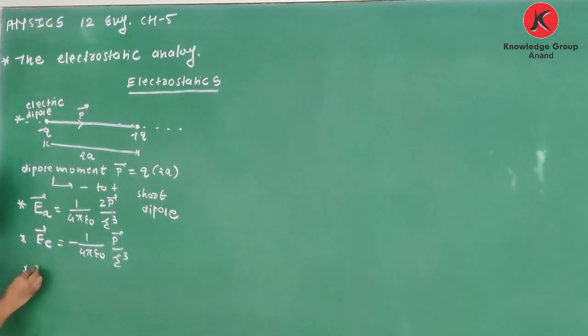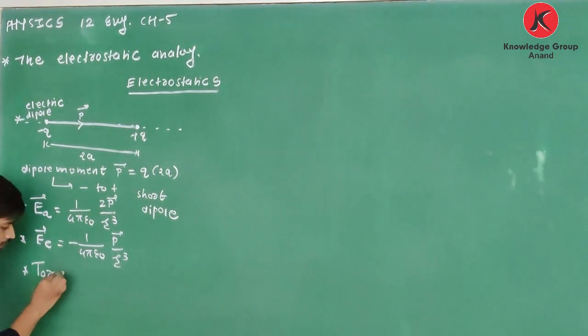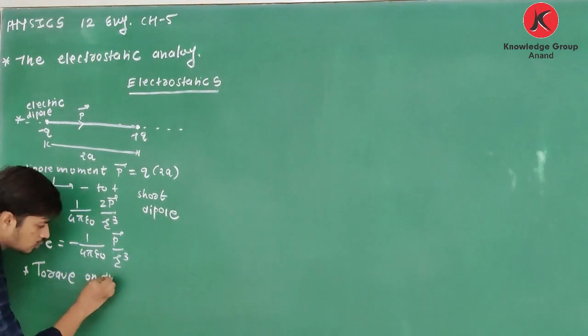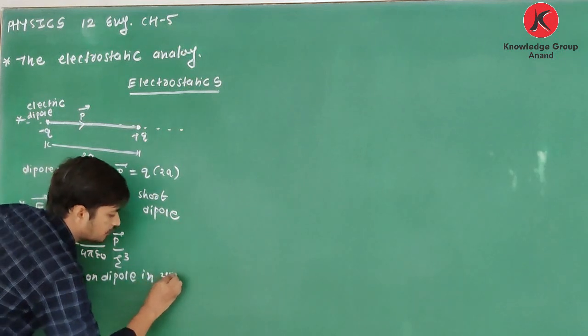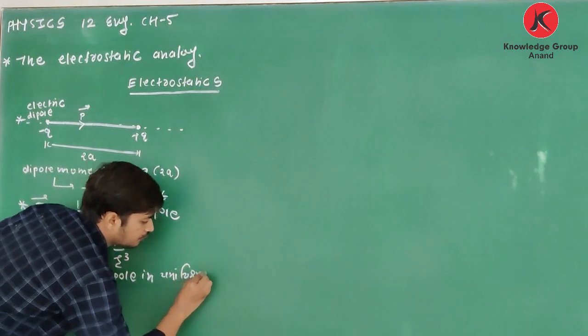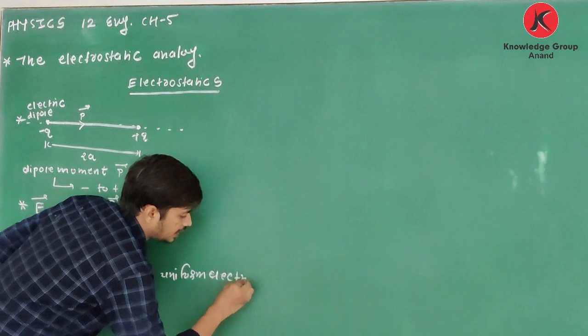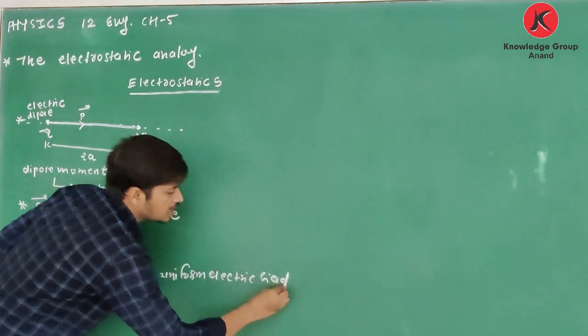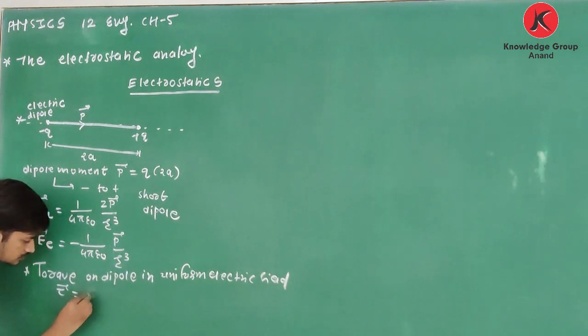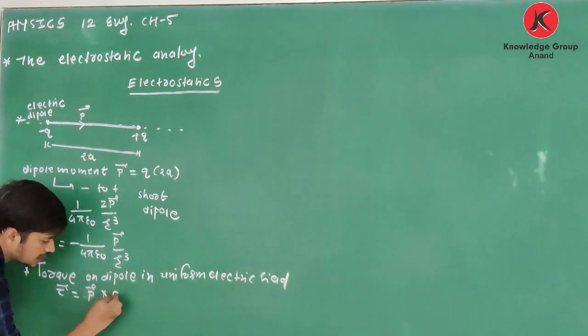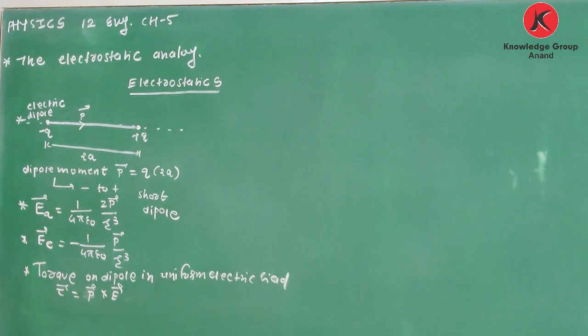Also, the torque on a dipole in a uniform electric field is tau equal to P cross E. Clear about this?